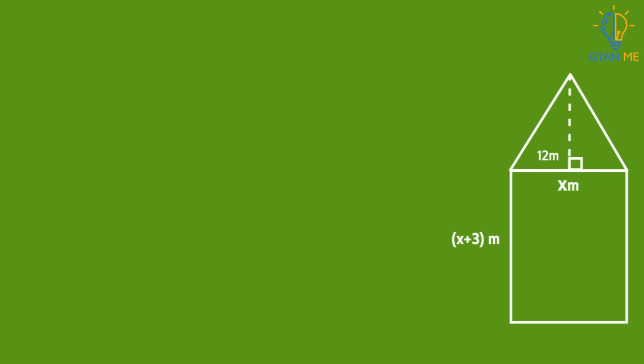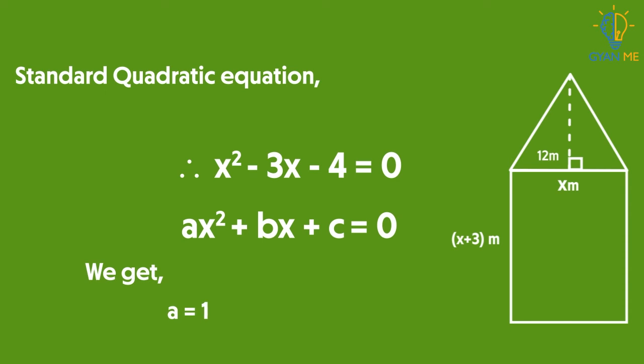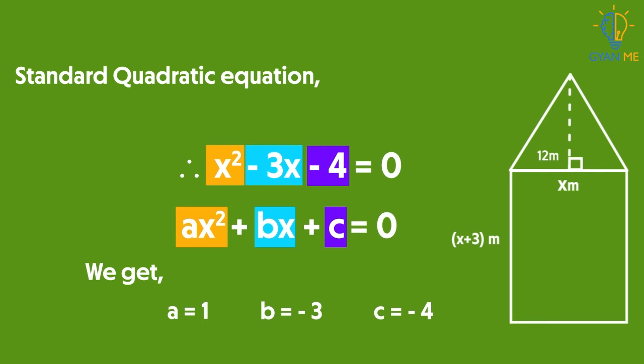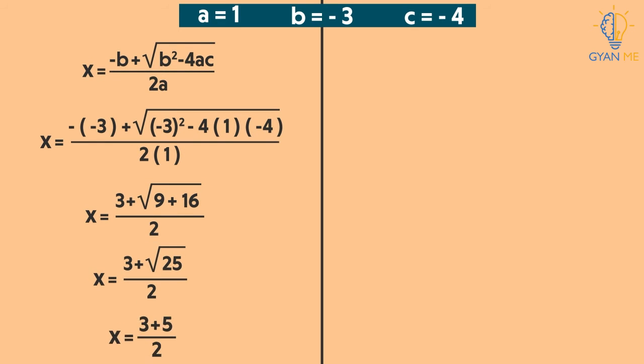Now students, compare this x square minus 3x minus 4 equal to 0 with our standard quadratic equation ax square plus bx plus c equal to 0. And from there we get the value of a as 1, the value of b as minus 3 and the value of c as minus 4.